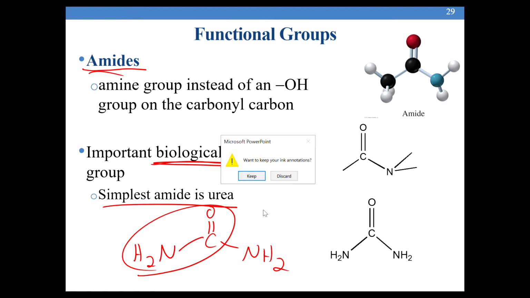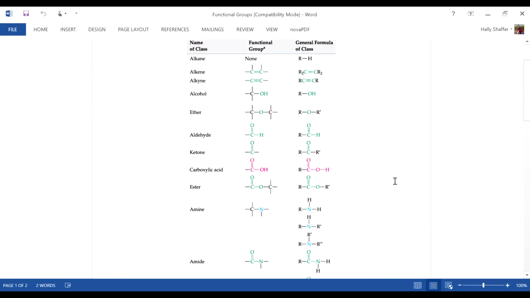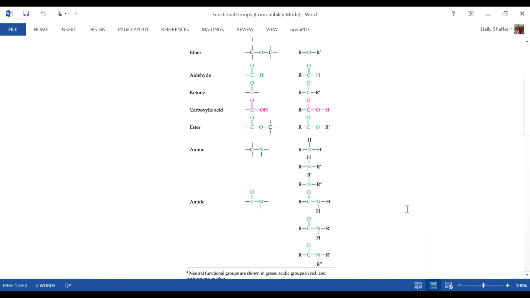To recap the tables, this table goes through every functional group that we already went through, except this simpler table does not have the thiol on it, but it shows the alcohol, the ether, the ester, carboxylic acid, ketone, amine, and it ends at the bottom with amides.